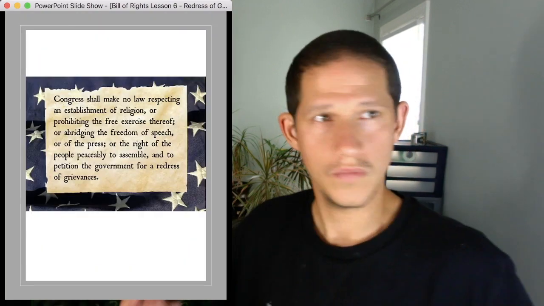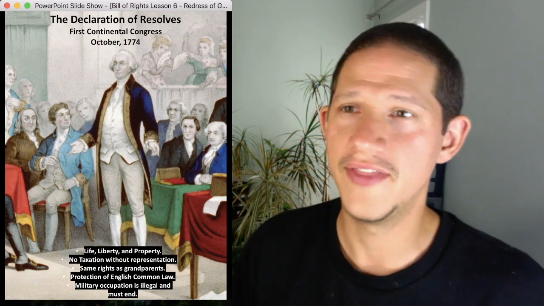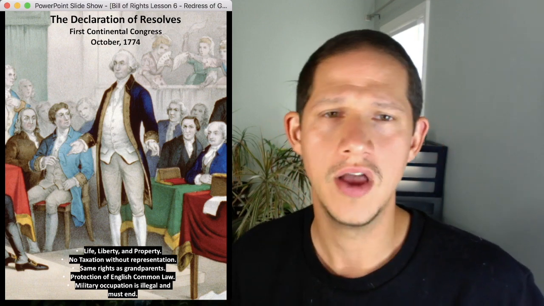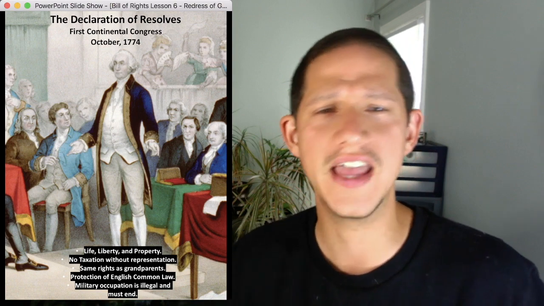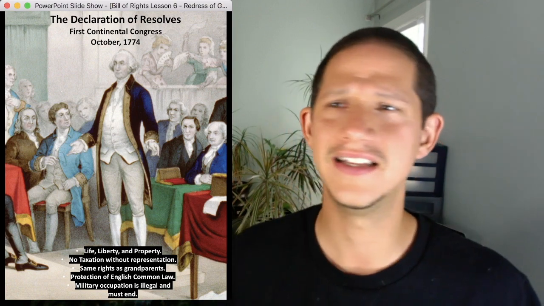So, the colonists redressed their grievances. They did their boycotts. They did their petitions. They got together at the First Continental Congress, the Declaration of Resolves: life, liberty, and property, no taxation without representation, same rights as grandparents, we have the protection of English common law, and the military occupation of the American colonies needs to end.